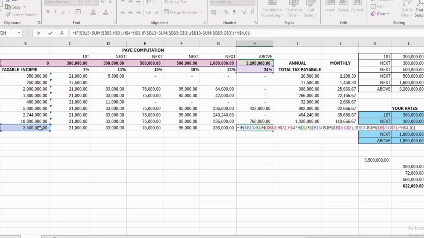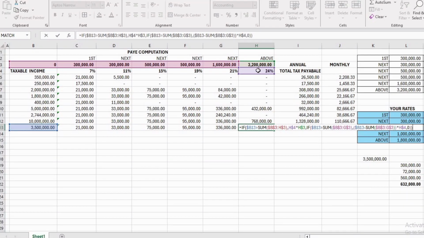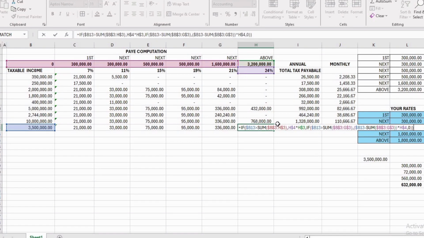Let's also look at the formula for the 3.5 million taxable income. So here we said if the taxable income is greater than the cumulative total of 6.4 million, which is from cell B to H, as referenced in the formula, then apply 24% on 3.2 million. That's the first part of the formula.